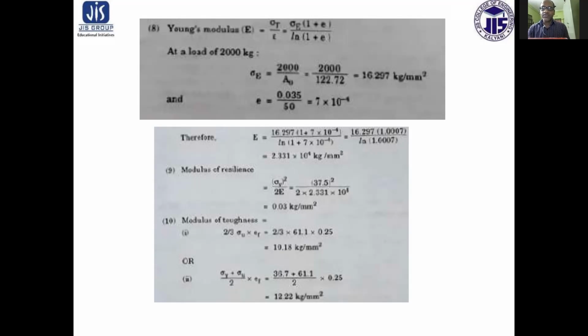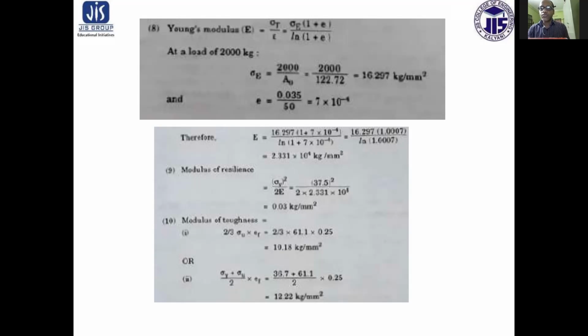Now next is modulus of resilience. Modulus of resilience is denoted by sigma y squared by 2E, where sigma y is the upper yield load, divided by 2 times Young's modulus. At the upper yield load, we have earlier calculated that value to be 37.5 kg per millimeter square.